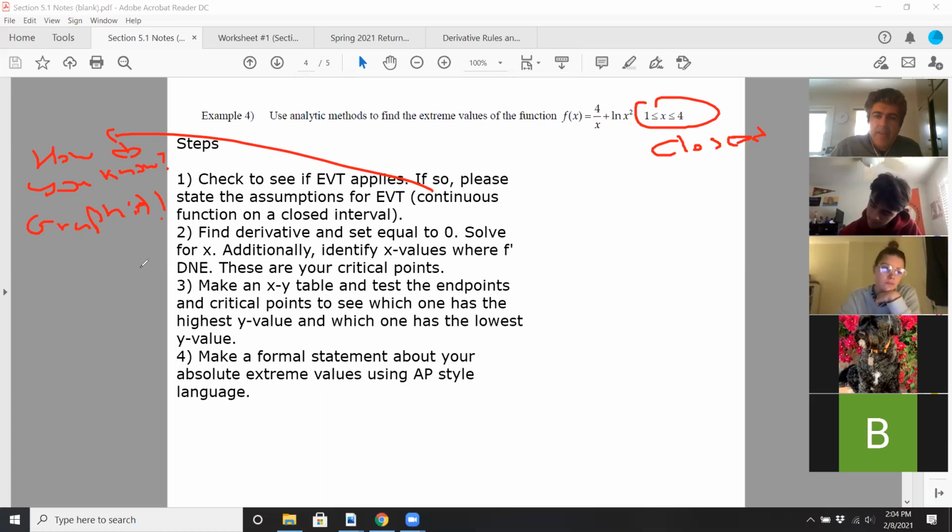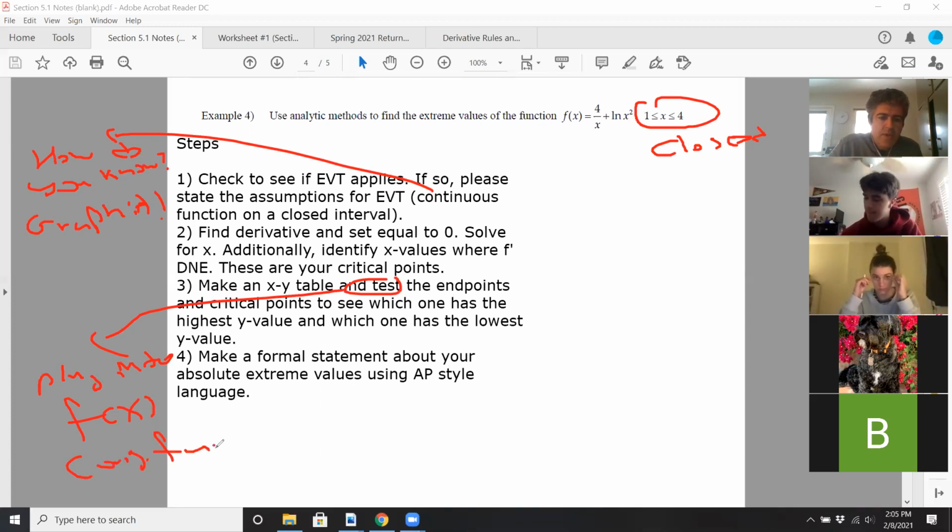Once you've done that, make an xy table and test the endpoints and the critical points to see which one has the highest y value and the lowest y value. When you test it, you're going to plug the x coordinates of both the endpoints and the critical points into f of x, the original function. You want to see which x coordinate gives the highest y value for the original function and the lowest y value for the original function.